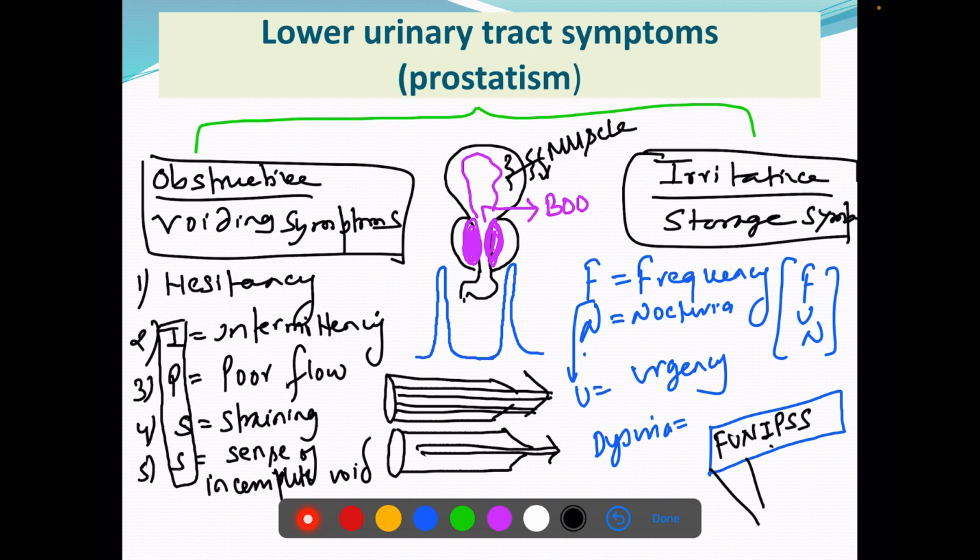So, by using these seven symptoms, we have a scoring system known as the IPSS scoring system. And this scoring system allows us to classify the patient as having mild symptoms, moderate symptoms, and severe symptoms. Wait, I'll explain.